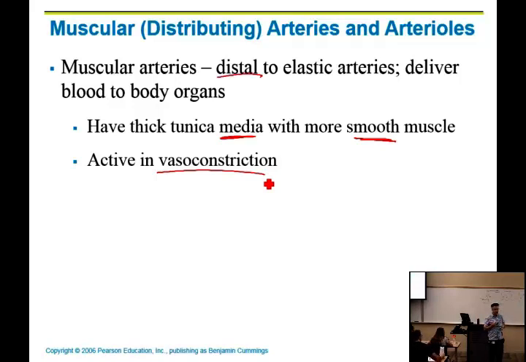I got a lot of muscular contractions to work on. I got to absorb things and move it on further. I need a lot of blood going right through here. We only have 5 liters, so we're going to route it to where we need it most. We're going to take it from other places. We're not going to cut them off, but we're going to constrict to these other organs and dilate to these important ones at the time.